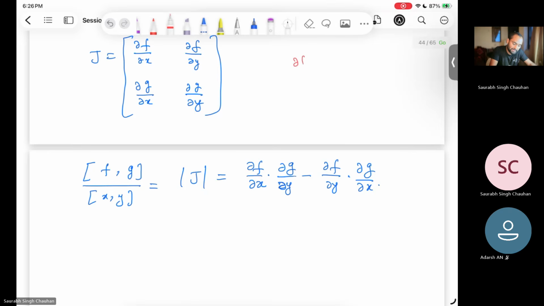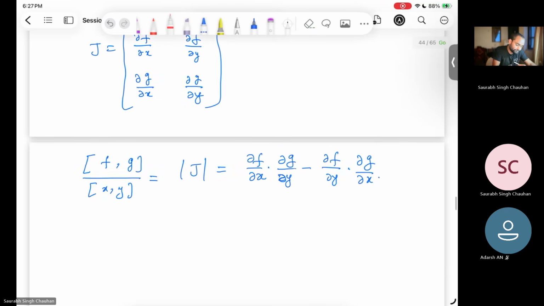For example, if I write the partial derivative of f with respect to x, that means we are keeping y constant and differentiating with respect to x, right? Even if I have not written y here, it is automatically understood because it is a function of only two variables.